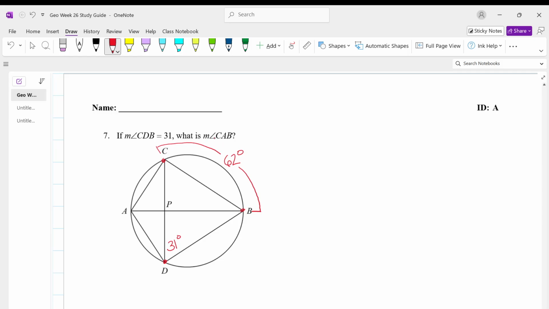What is the measure of angle CAB? All right, so we need angle CAB. Here's the angle that we need. But look at its intercepted arc. This would be its intercepted arc.